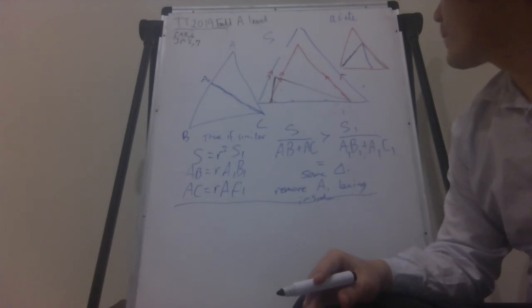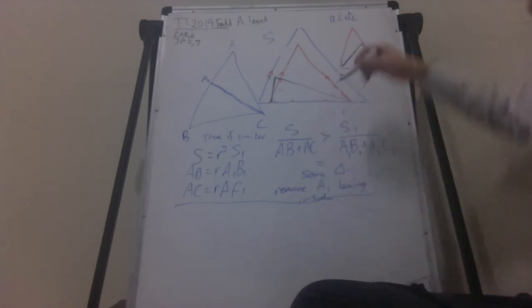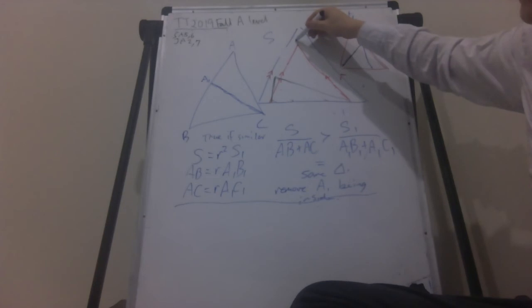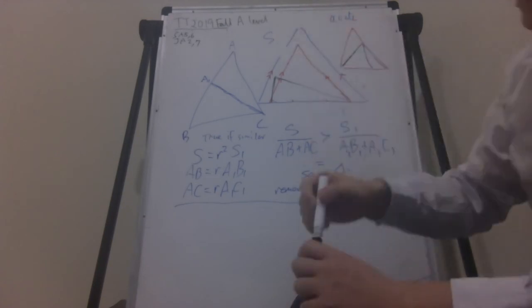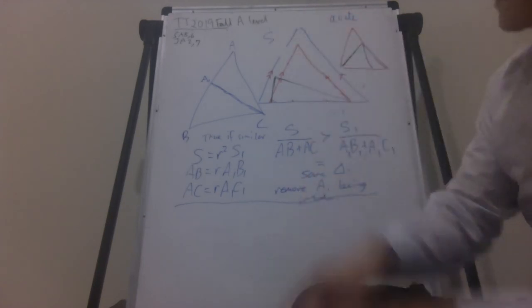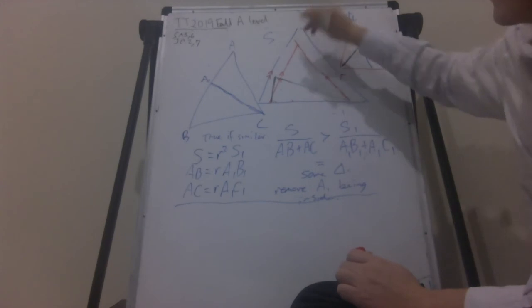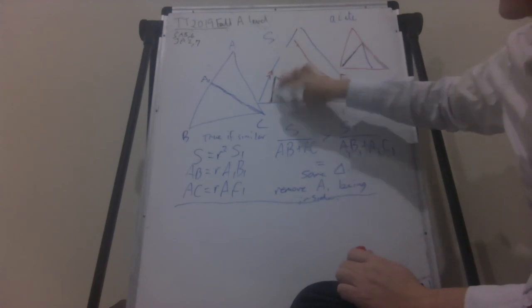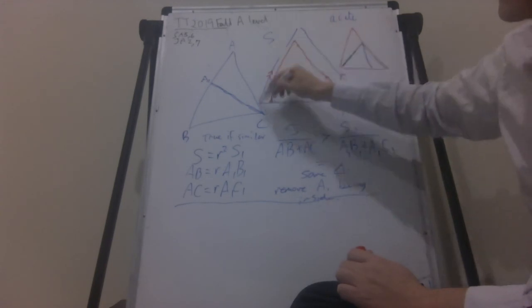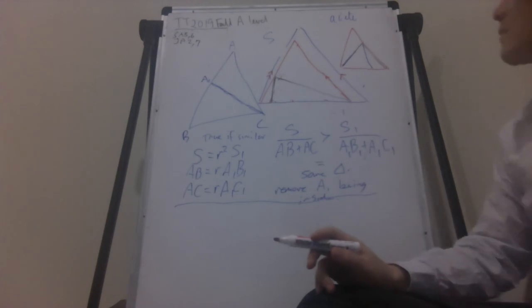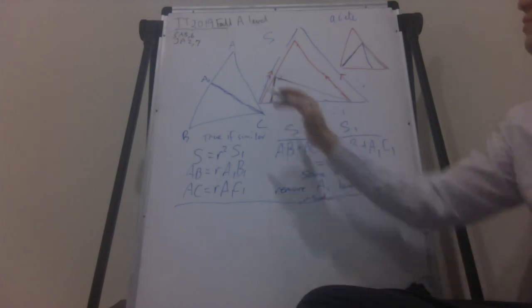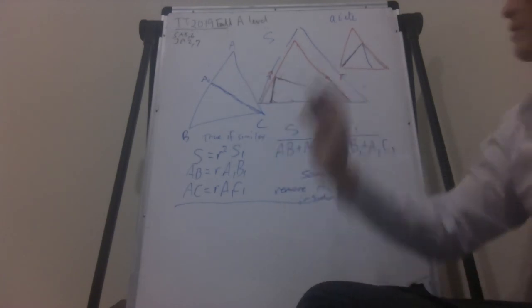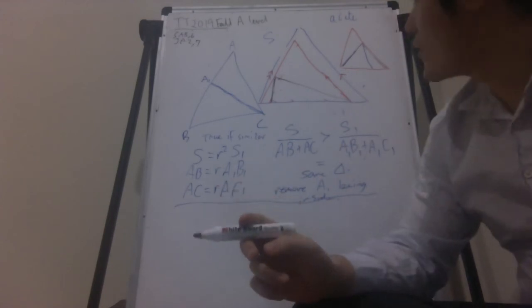Yeah. So what you can do is you can extend this one a bit further, right? To make it come down here. Okay. So you still reduce to the case where C is equal to C1, yeah.